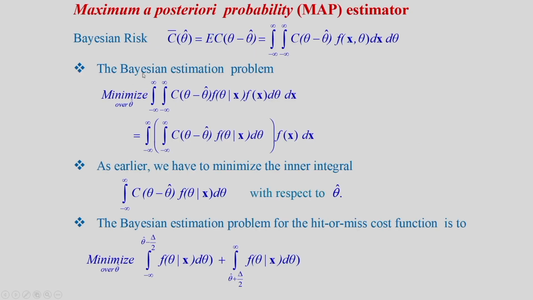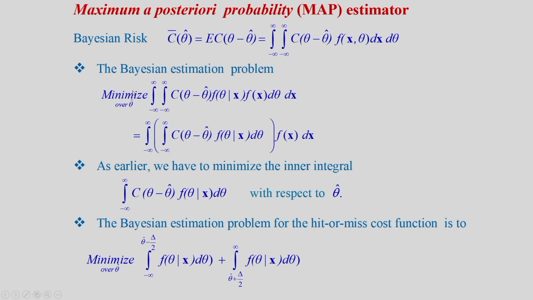Now, corresponding to this hit or miss cost function, the Bayesian risk function is given by the expected value of c of theta minus theta hat, that is, integration from minus infinity to infinity, minus infinity to infinity of c of theta minus theta hat into f of x, theta dx d theta.